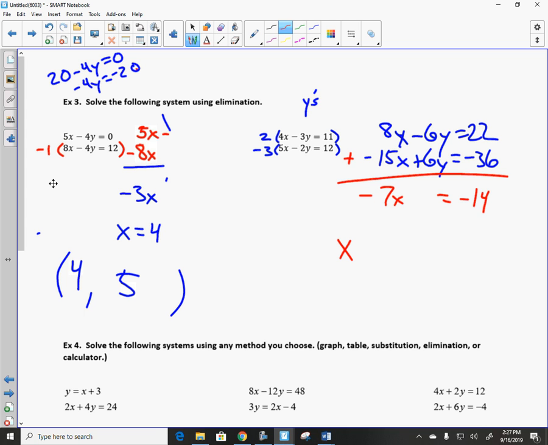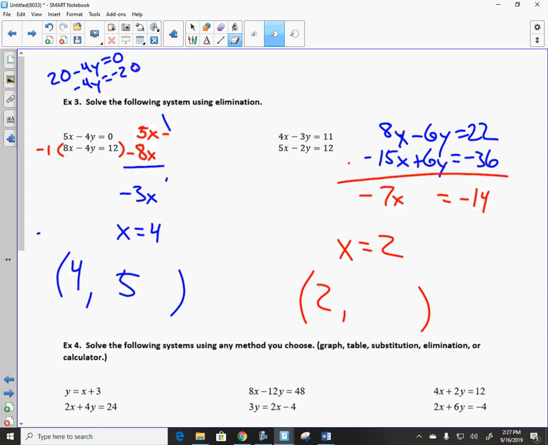So x is what? 2. Plug that 2 back in. 8 minus 3y is 11. Subtract 8. -3y is equal to 3. Or y is -1.